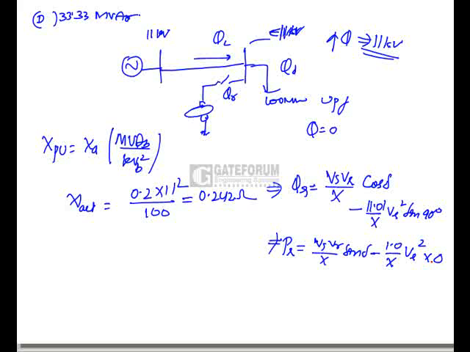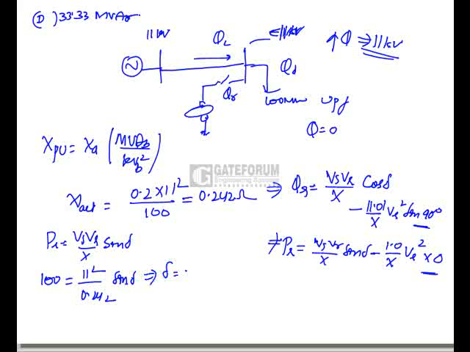So PR is equal to Vs VR by X into sine delta, since theta is equal to 90 degrees and cos 90 is 0. Now he has given 100 megawatt, voltage value is 11, so 11 square by 0.242 into sine delta.